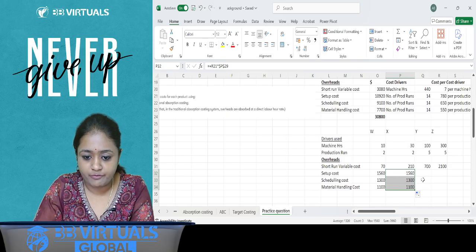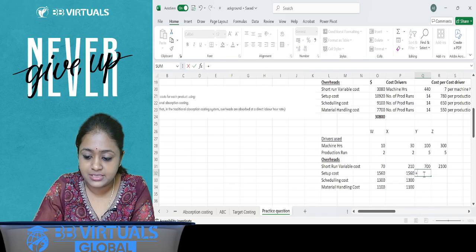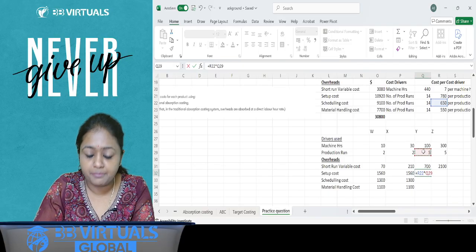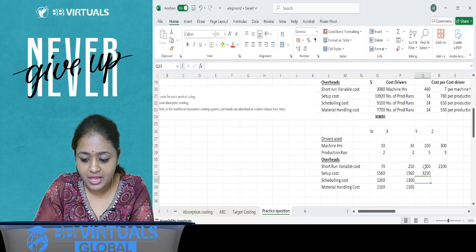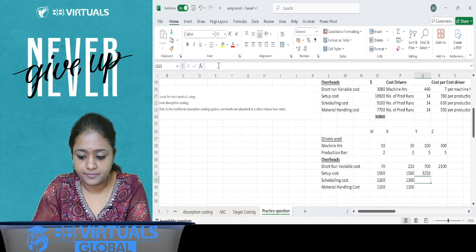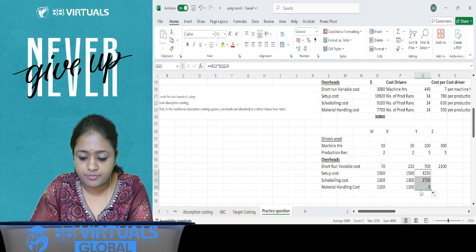It's the same that we have got because the number of production runs are same. Here you will find the difference. So here it is 650 multiplied by 5. The number of production runs here are 5. Again I'll fix the cell. And it is what that I'm getting.